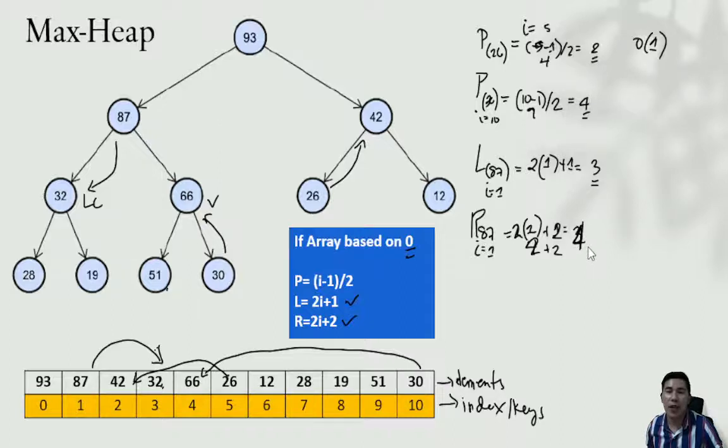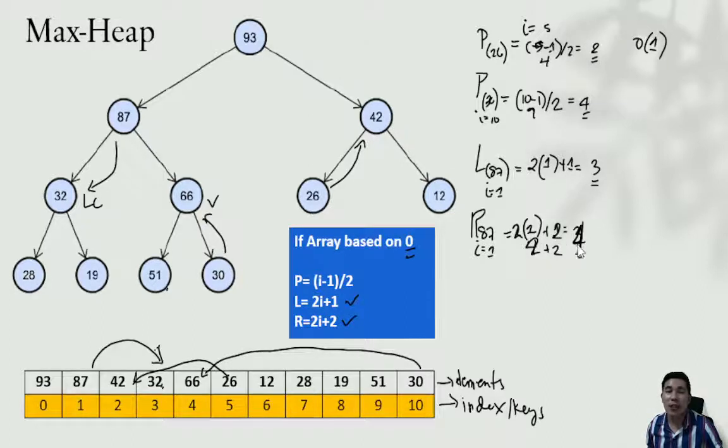Sorry. Again, going back, the index value of 87 is 1, and we use the formula for looking for the right child, 2i plus 2. You substitute the index value of 87, which is 1. So 2 times 1 is 2, plus 2 is 4.